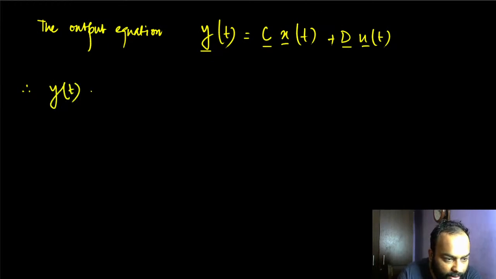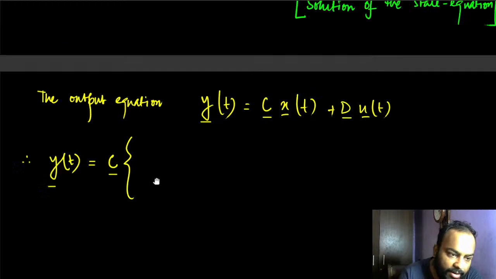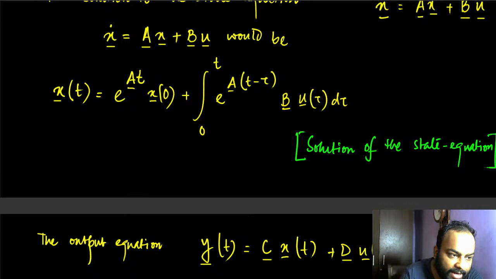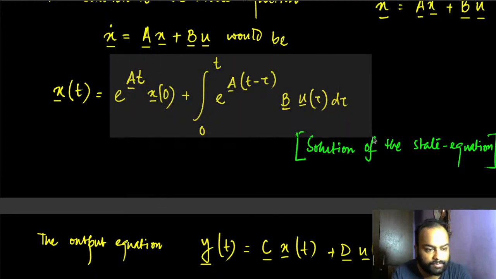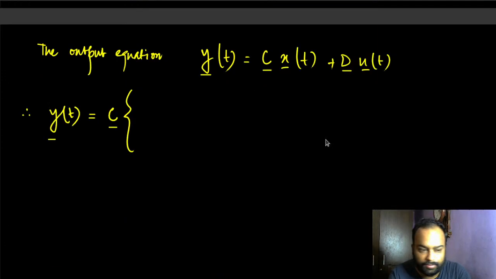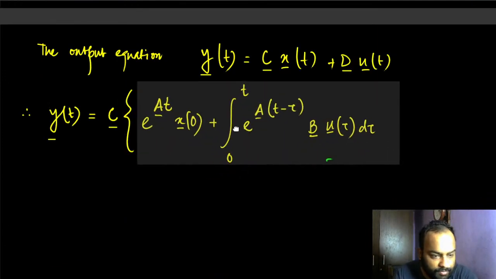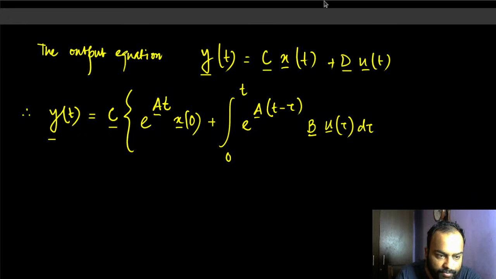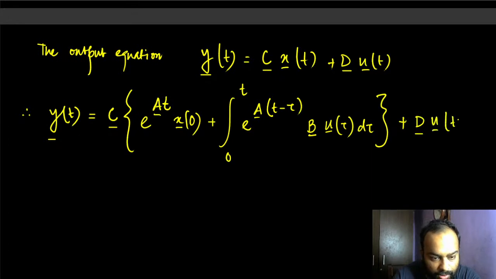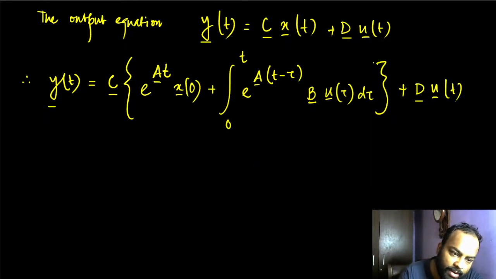y(t) is equal to, now let's put this C matrix here, and here let's bring this entire thing, because that's x(t), plus D u(t). I don't think any confusion should be there.